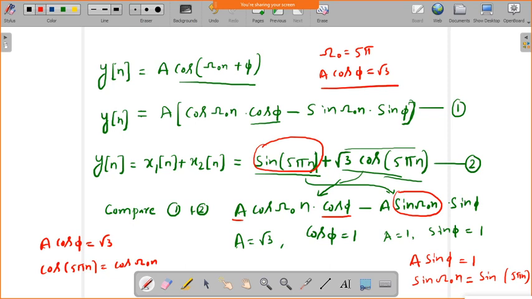If you compare this one, it is root 3 cos phi, so the value of A equal to root 3. So this will become root 3 into cos phi, so that will be the value.